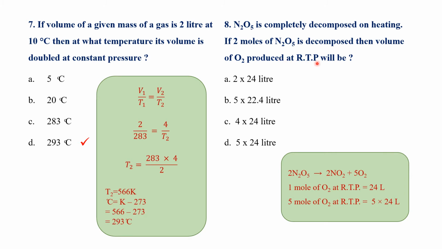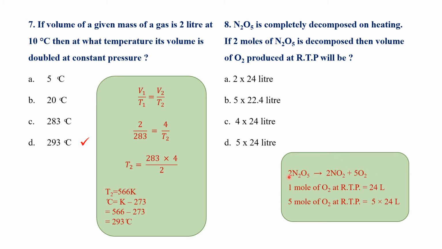There is a difference between RTP and STP. STP is standard temperature and pressure, and RTP is room temperature and pressure. So the volume of a given mole or given mass or given quantity of a gas is different at RTP than STP. So we will first write the reaction and balance it.